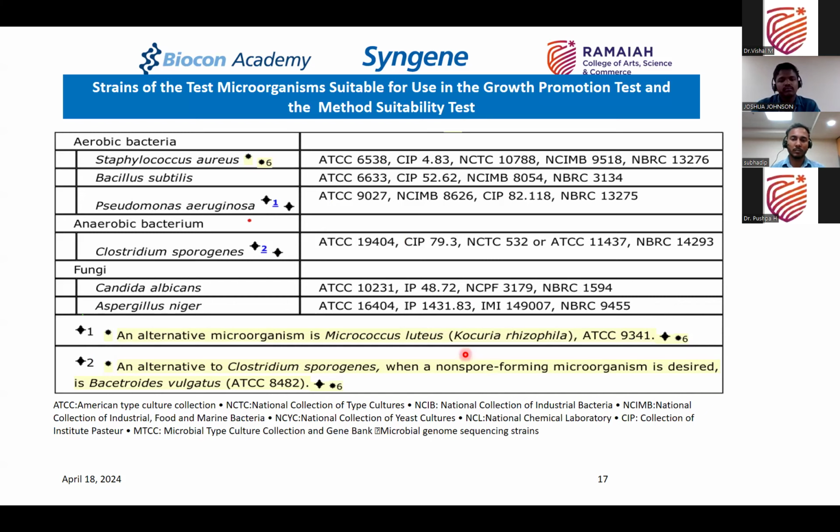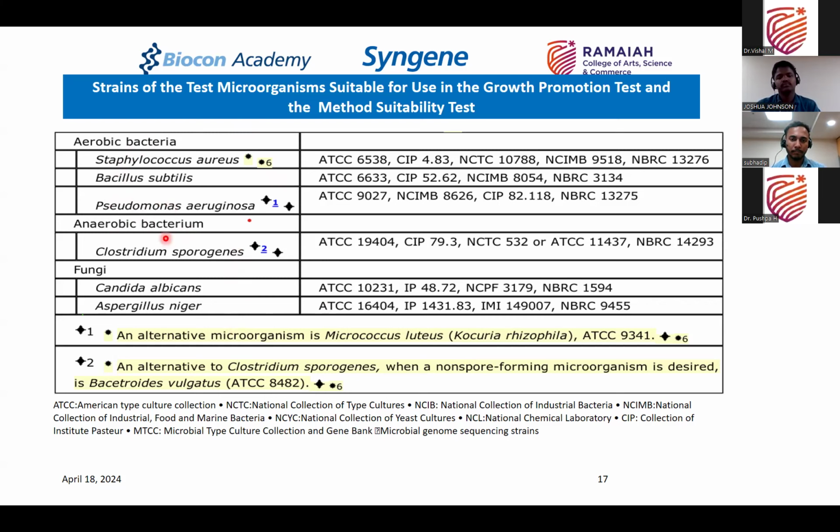For these strains, only for this group of organisms, according to USP 71, we are going to use them as a challenge organism or test organism to validate that our culture media is suitable for performing the sterility test. Staphylococcus aureus, Bacillus subtilis, Pseudomonas aeruginosa are some of the aerobic organisms which you are going to test, to see whether they can grow in the media which we have prepared.